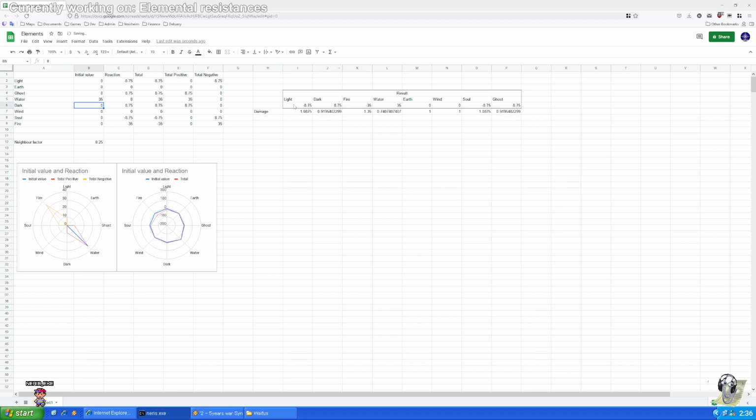So 35 for the small ones, and 50 for these ones. Okay. Another thing is I cannot have a floating point number here, but it's fine.